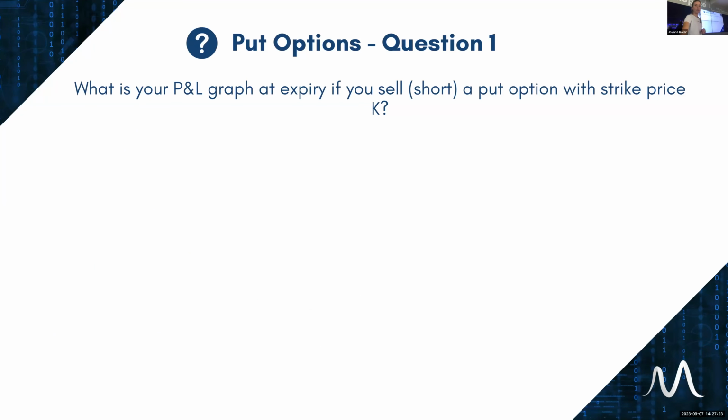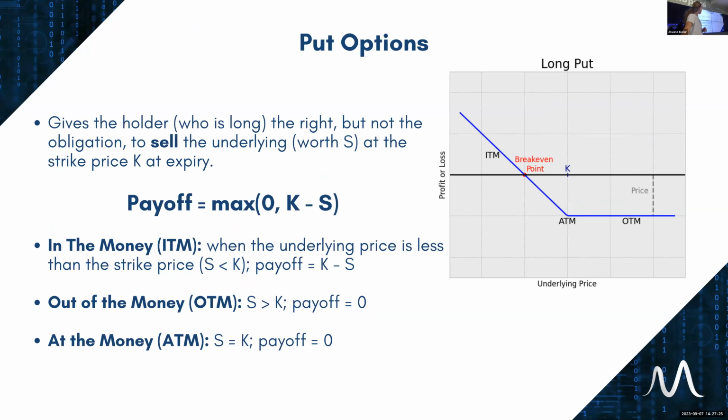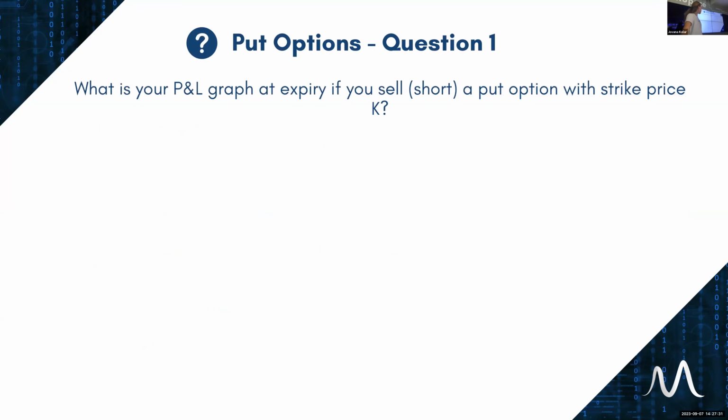So here we had this is when you buy a put. And now think about what the profit and loss would look like if you short a put. Any ideas on how you get into this?